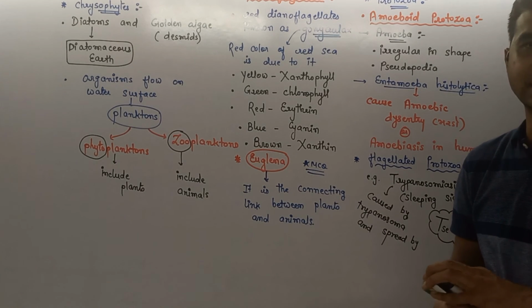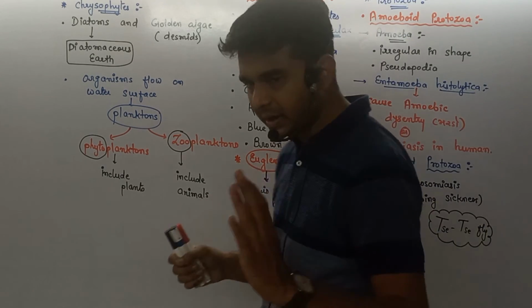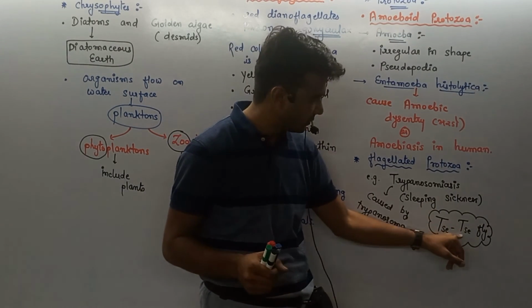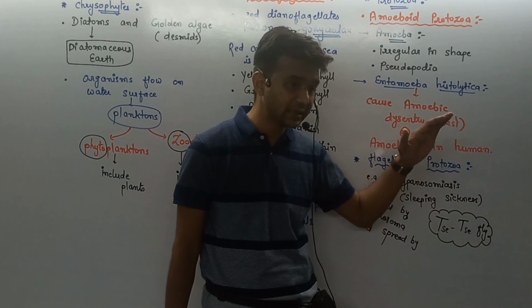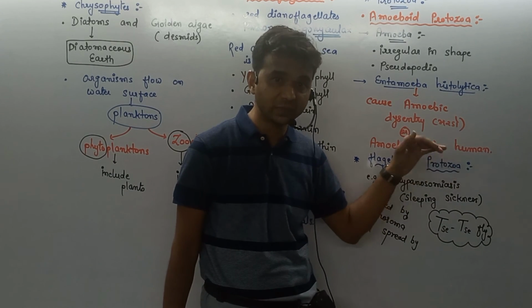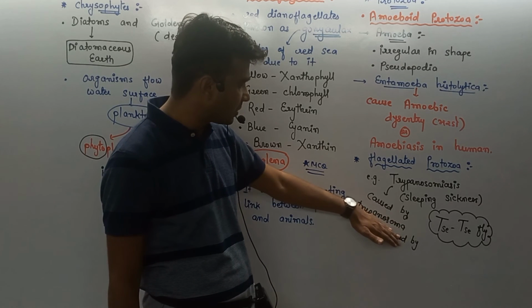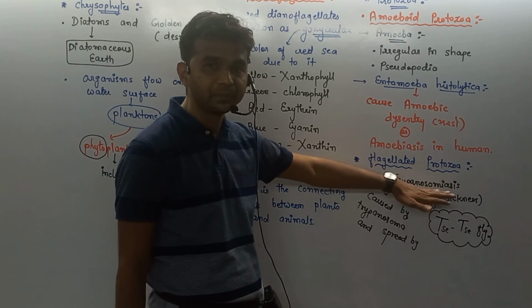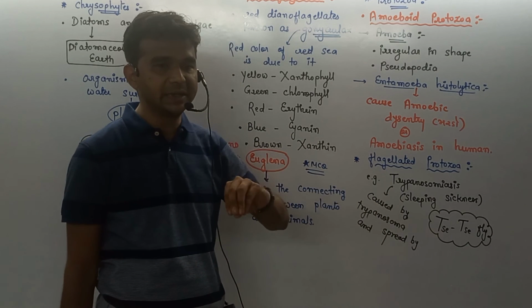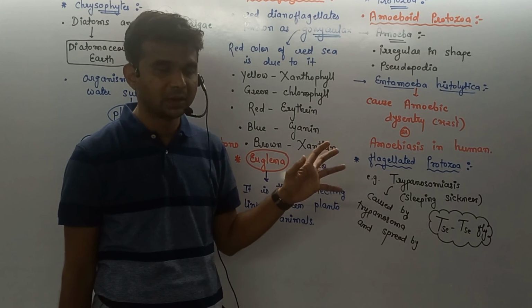It causes sleeping sickness. When a person comes in contact with the tsetse fly, this fly acts as a vector of the Trypanosoma, which then enters the person's body. In the initial condition, it affects the nervous system first.